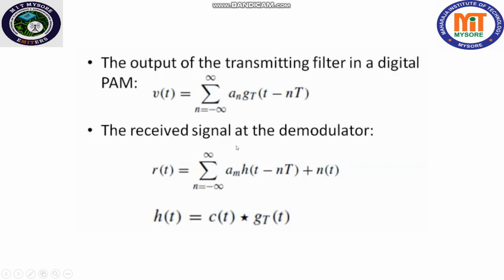At the receiver, we will have the signal g_T of t convolved with the channel impulse response c of t, plus the additive white Gaussian noise. h of t is c of t convolved with g_T of t.